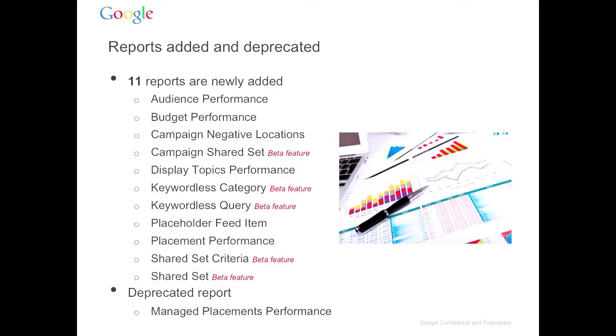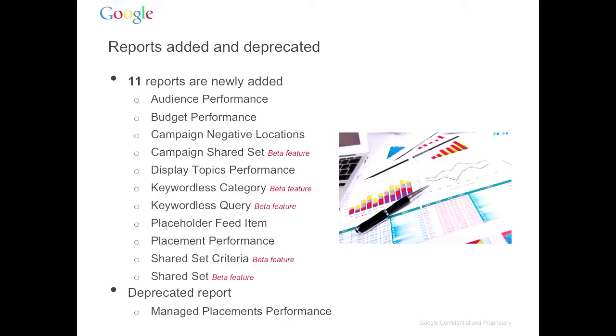So we have reports for categories, keywordless queries. We have the placeholder feed item report mentioned before for feed services. We have a placement performance report. This is also for the display network. It's been enhanced for the display network.